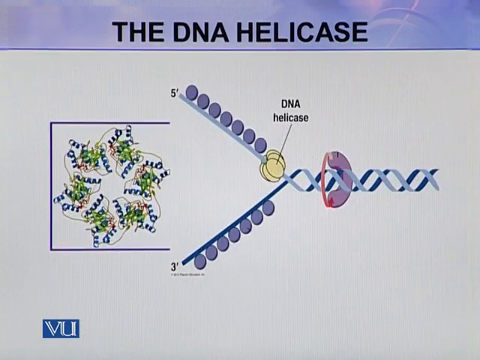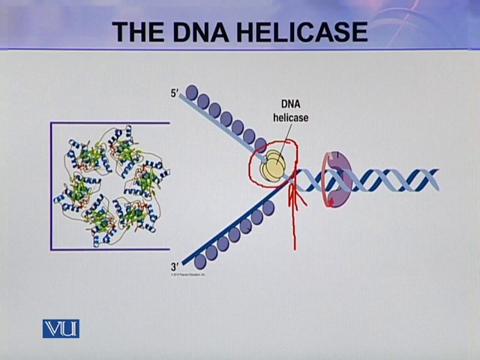Here in this diagram you can see the replication fork, and adjacent to this single stranded-double stranded junction, this DNA helicase is present. See, this DNA helicase is only present on one of the two strands.